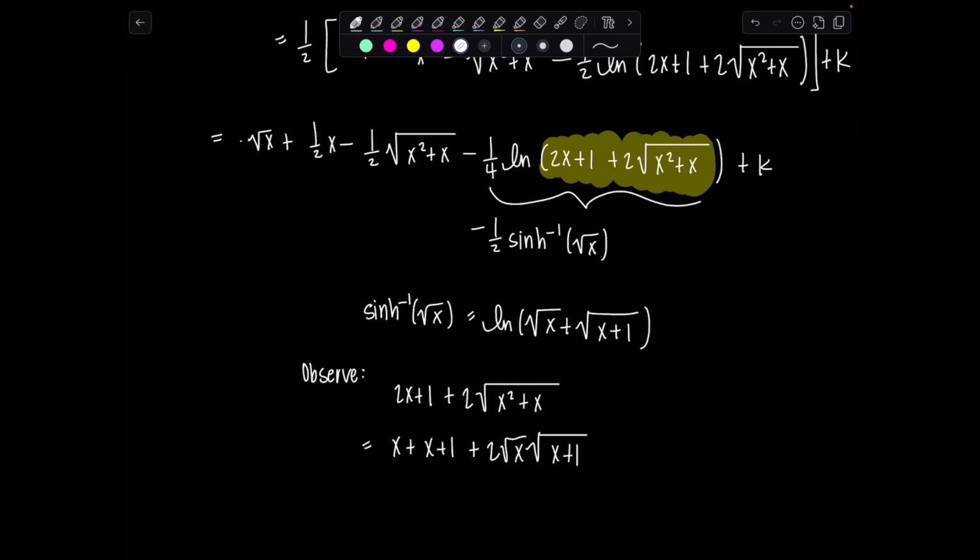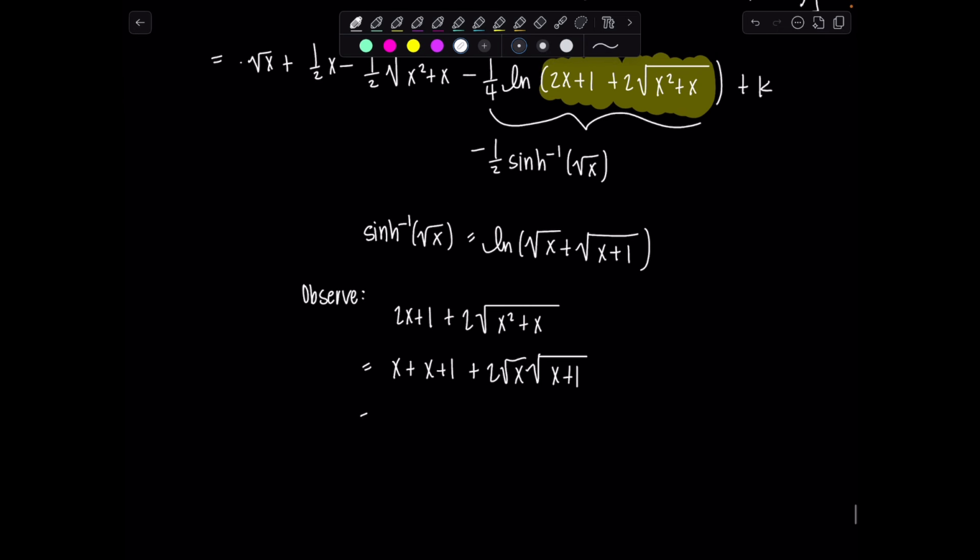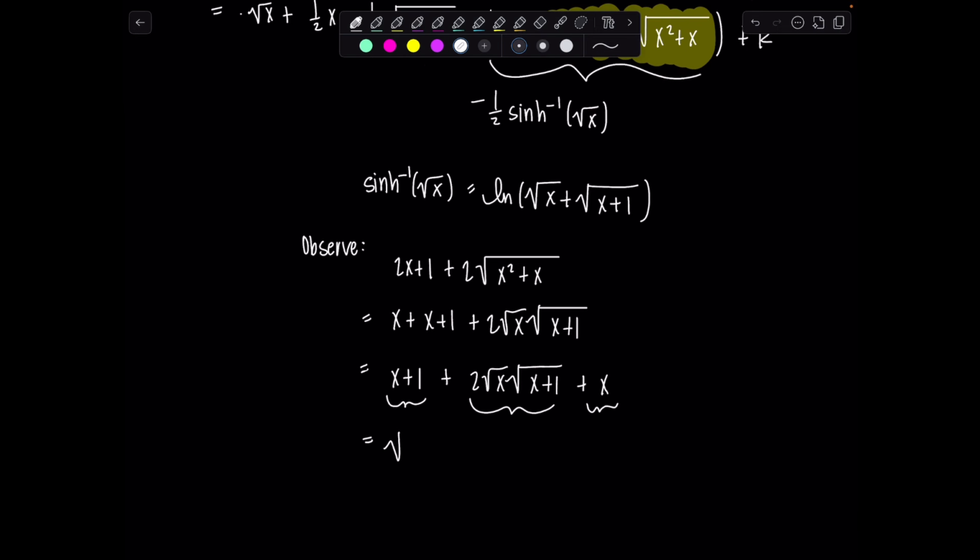And then just with some rearranging, hopefully you can see how it's a perfect square trinomial. x plus 1 plus 2 rad x plus 1 plus, let me move that other x over, right? So then here's your a squared, 2ab, b squared. So I can rewrite this as the square root of x plus 1 plus the square root of x, squared. Perfect.